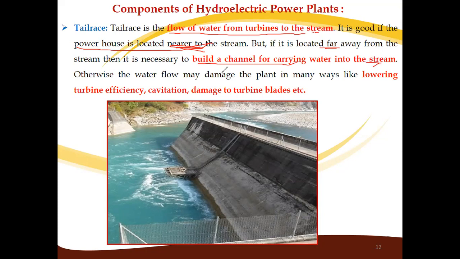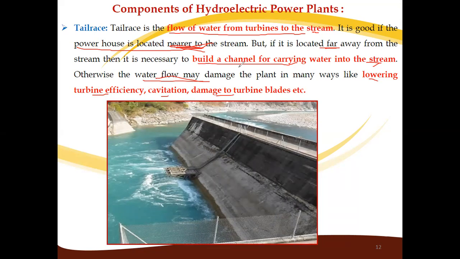Otherwise, the water flow may damage the plant in many ways, like lowering the turbine efficiency, causing cavitation problems, and damaging the turbine blades. These are the disadvantages. So we have to build a channel if the powerhouse and tail race are located far away from each other.